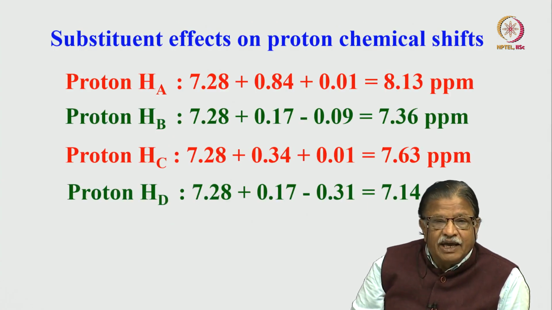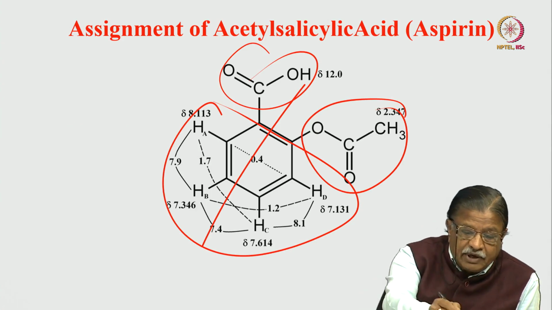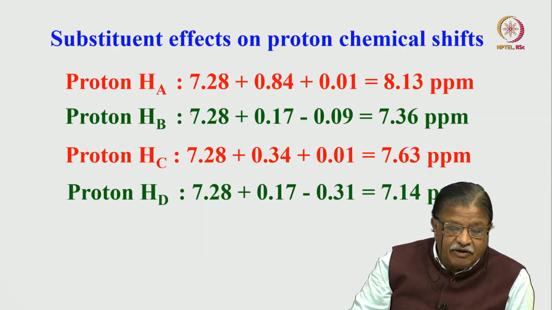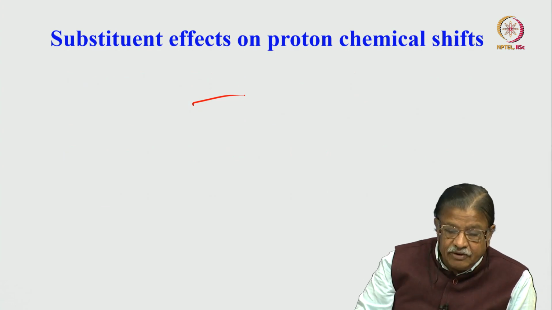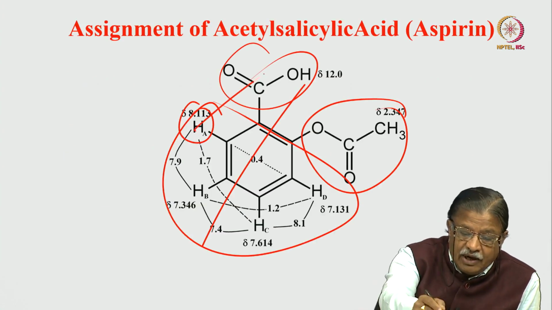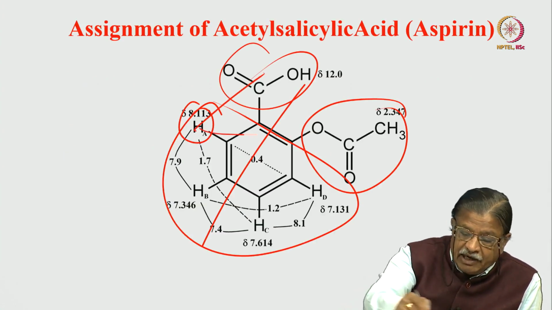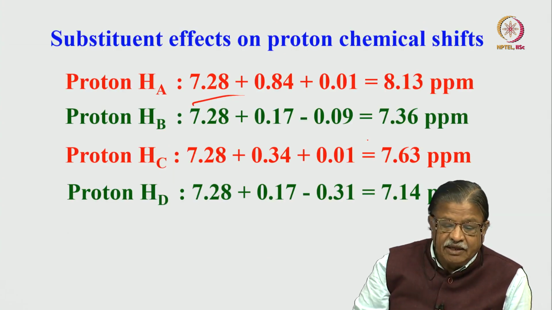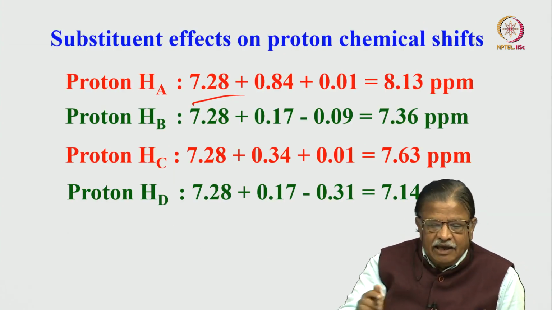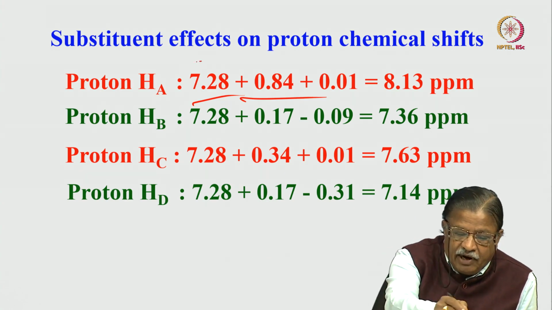Substituent effect on proton A. Start with proton A. Base value is 7.28, and proton A has one ortho position COOH and a meta position C double bond OCH3. Use the values given in the table, put them in and add up everything.